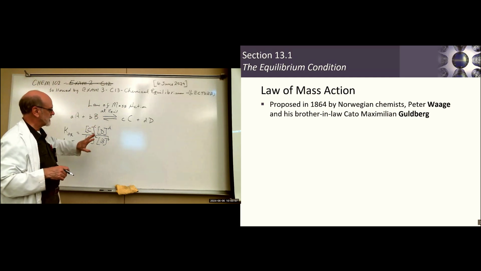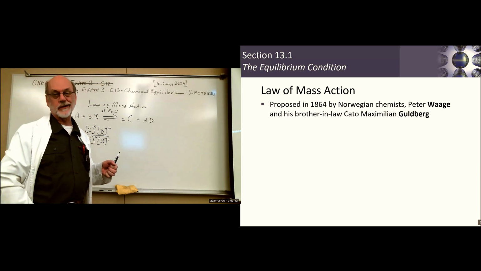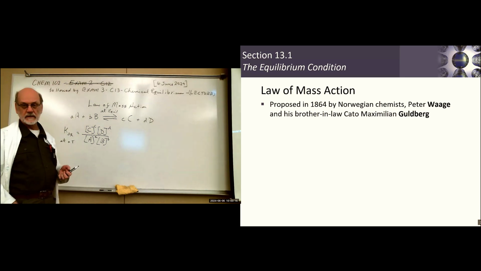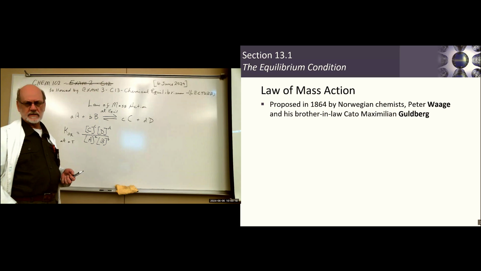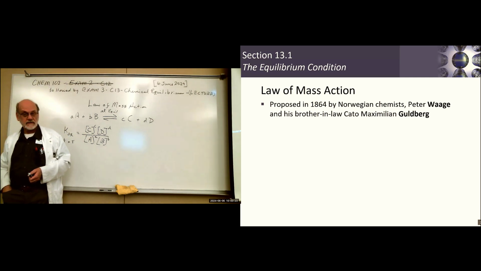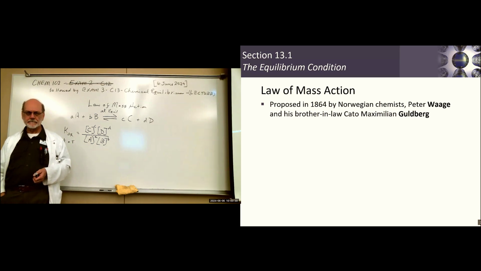The investigations that led to this law were done by Peter Waage and his brother-in-law, Cato Guldberg. So they're Norwegians. So it seems like during the 19th century, activities in chemistry and physics were pretty substantial in Scandinavia, right? Denmark, Sweden, Norway had a lot of prominent scientists come out of those countries.